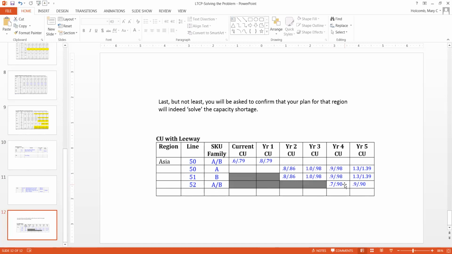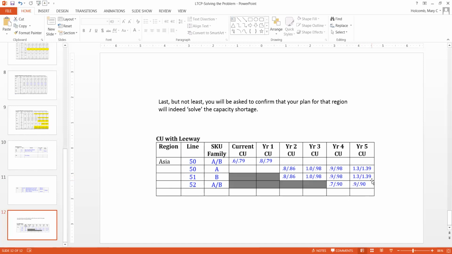But you'll notice, because demand is still growing at a very significant rate, that we still have to do some other things. So in year 5, we're going to move to that 7-day, or what we consider to be that, it's going to be the line 50, as well as we're going to move 51. So I misspoke earlier when I said it was line 5. It's actually line 50 that's going to go to the 7-day, as well as line 51.